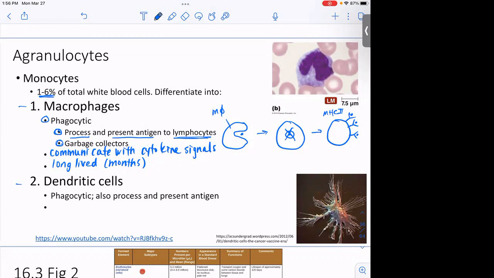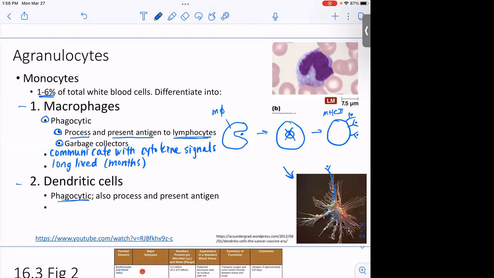Okay, so dendritic cells, again, much overlapping function. They're phagocytic. They also process and present antigen. If you look at a dendritic cell, it looks very different. It's going to use these long branches, you kind of think of branches of a tree almost, to present antigen.